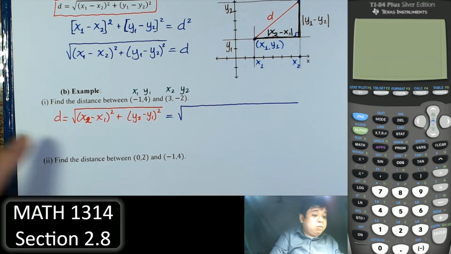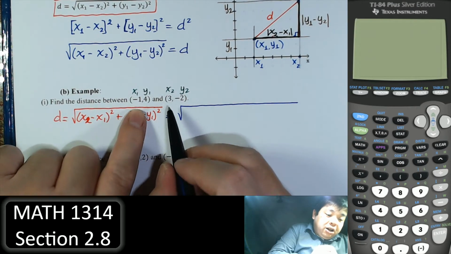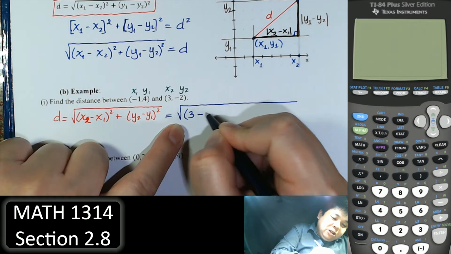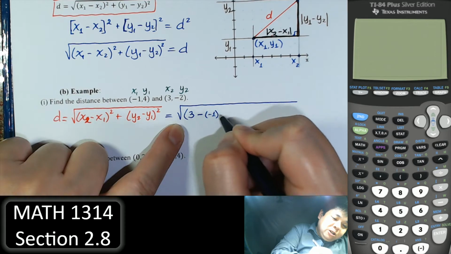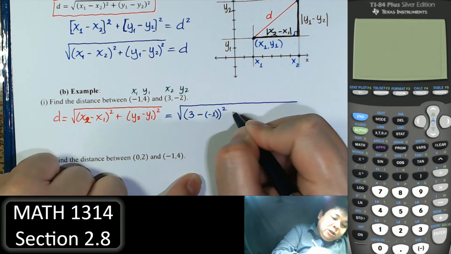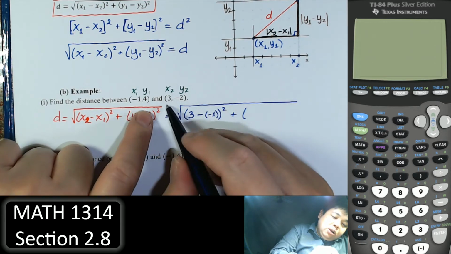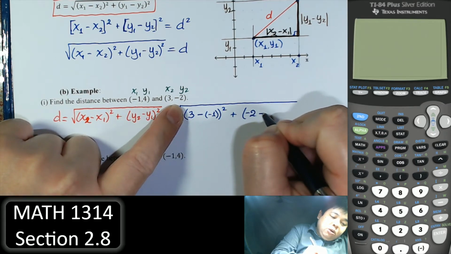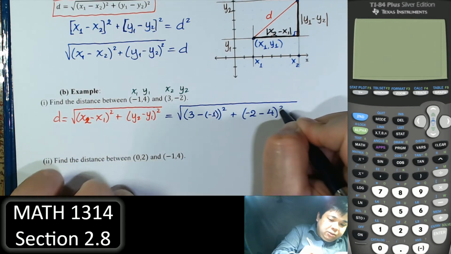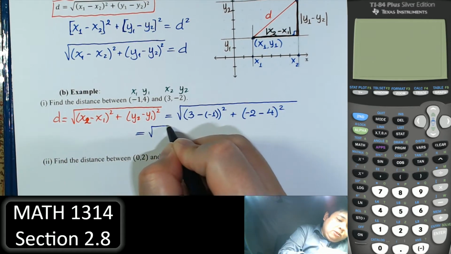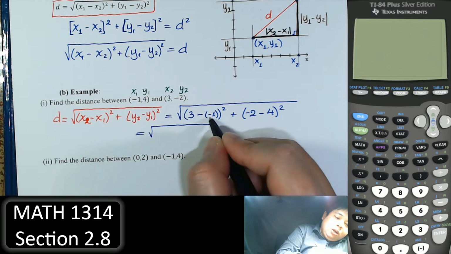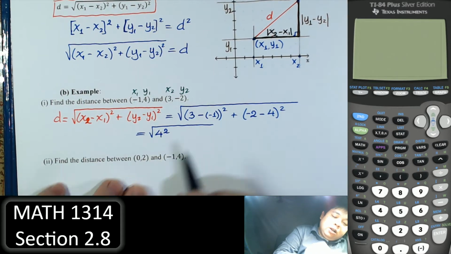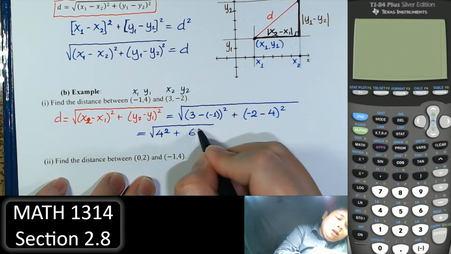Since we have the formula like that, x2 minus x1 squared plus y2 minus y1 squared. 3 minus -1, so that is 4, and 6 squared.